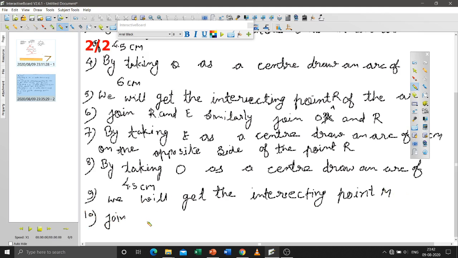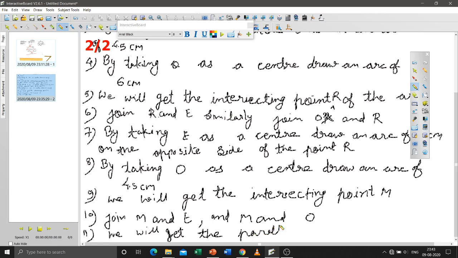Last step: join M and E, and M and O. We will get the parallelogram MORE.